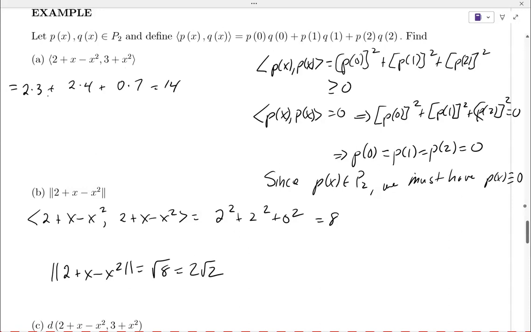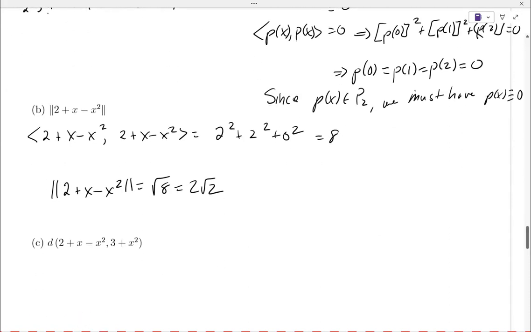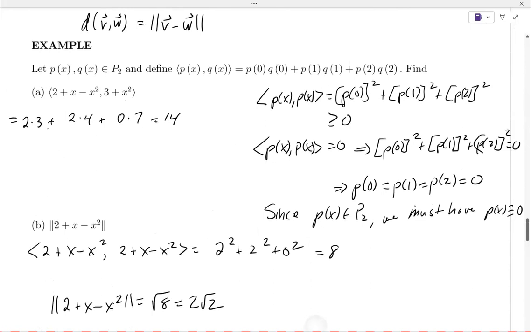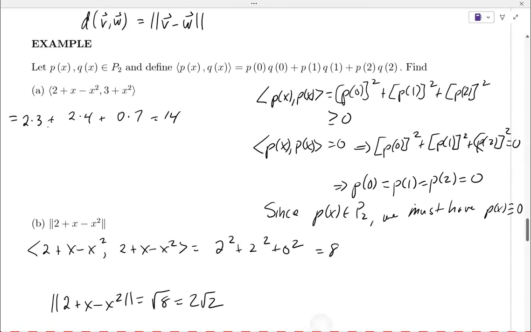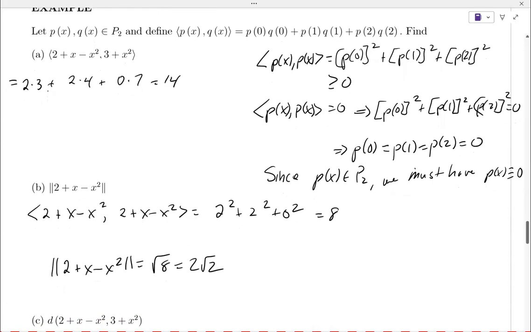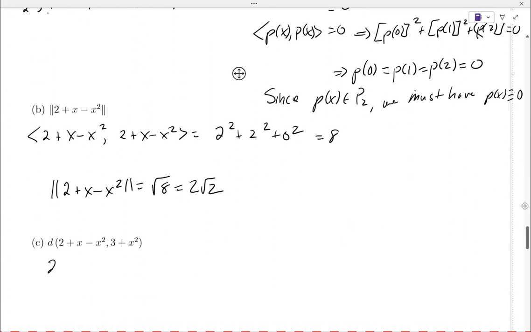All right, so part C then. If I want the distance between those two vectors, those two polynomials, what do we need to do first? Going back up to our definition of distance, what do we need to do first? Yeah, you do the difference of them, right? It says do the magnitude of the difference, do the norm of the difference. So 2 plus x minus x squared minus 3 plus x squared.